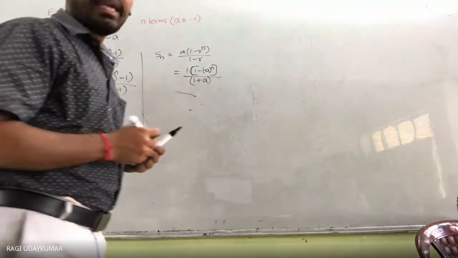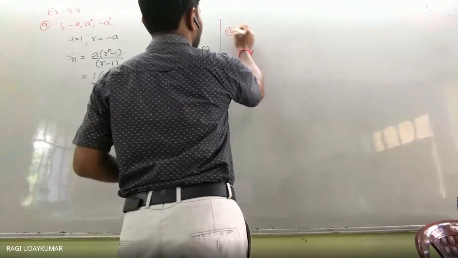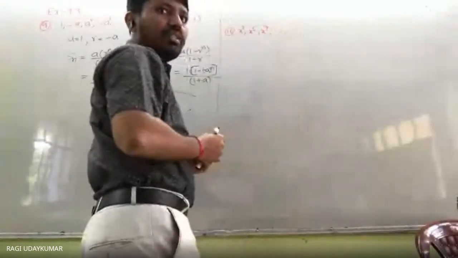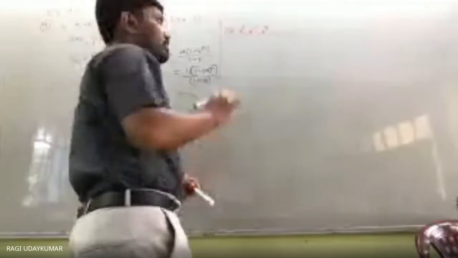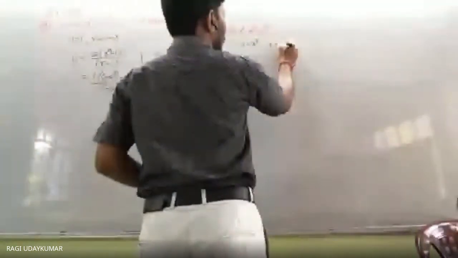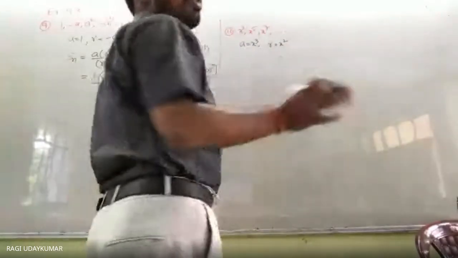And the 10th question is given: x cube, x power 5, x power 7, and so on. In this, it asks you to find the n terms. So a is equal to x cube, r is equal to x square. X is not equal to plus or minus 1.